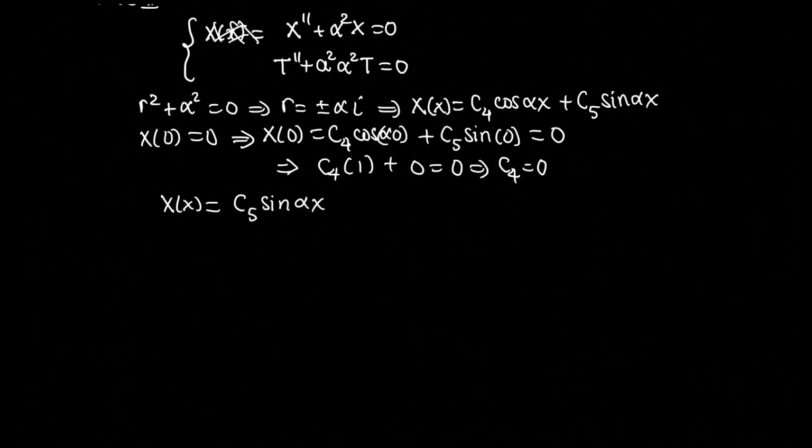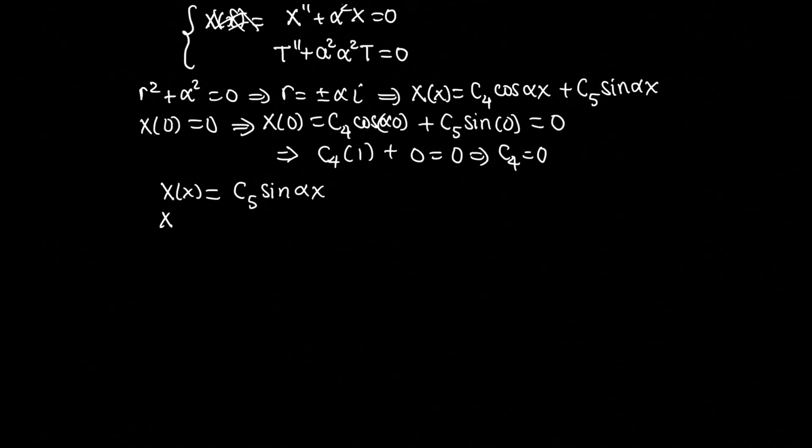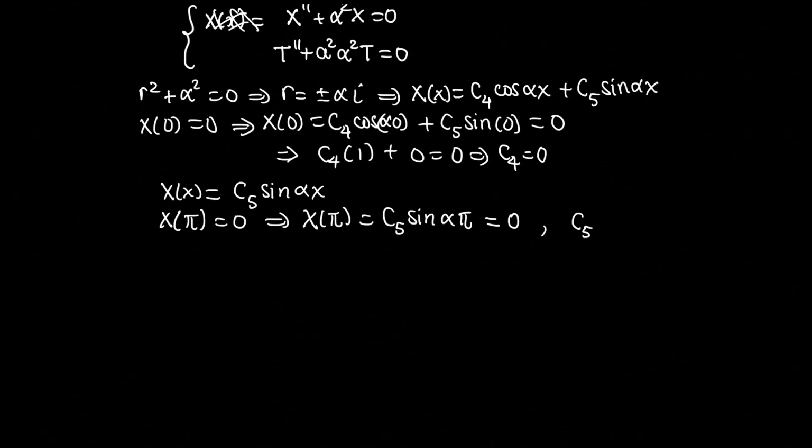Okay, now let's use the other condition. X(pi) has to be equal to 0. So C5 sine of alpha pi has to be equal to 0. Okay, here I'm going to say C5 is different than 0, then sine of alpha pi has to be equal to 0.